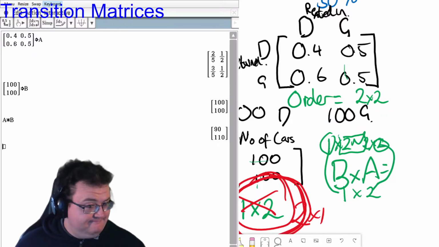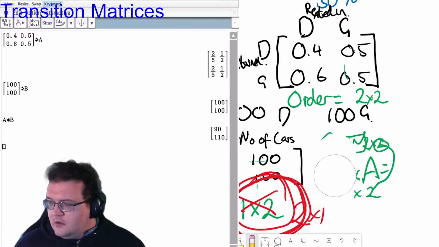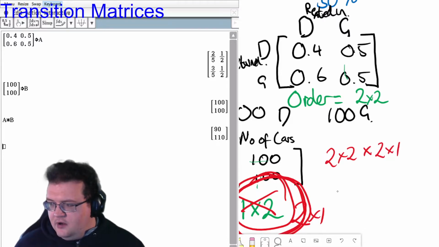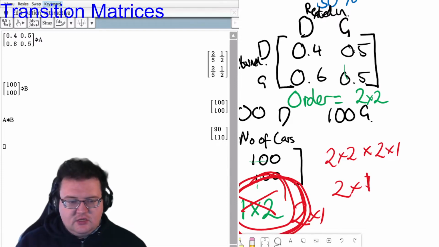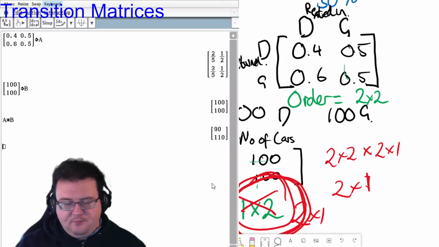So we're going to do a 2 by 2 times a 2 by 1, which will create a 2 by 1, which is the matrix that I have here. A times B gives 90 and 110.